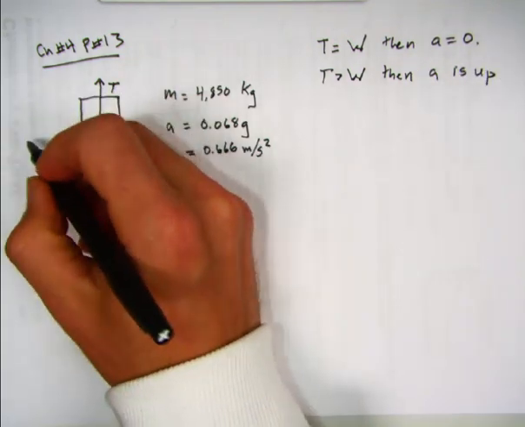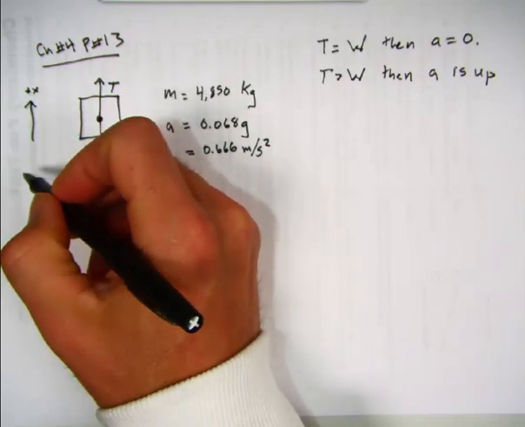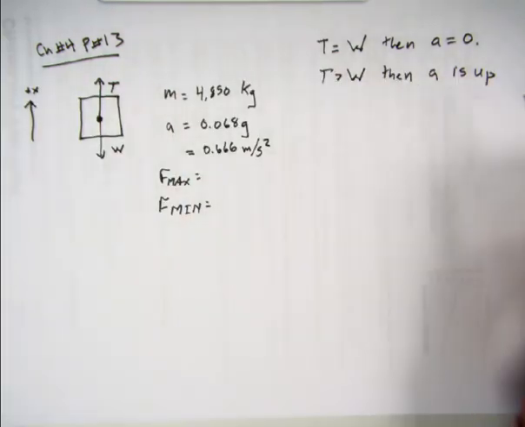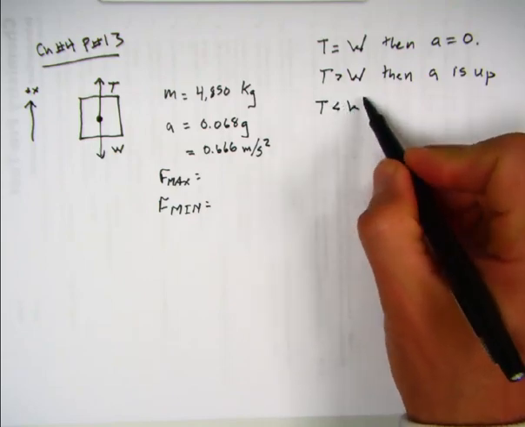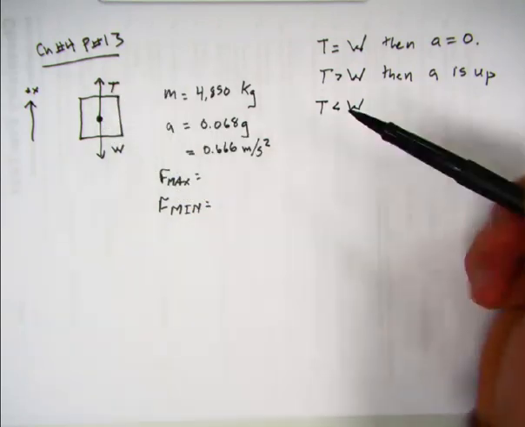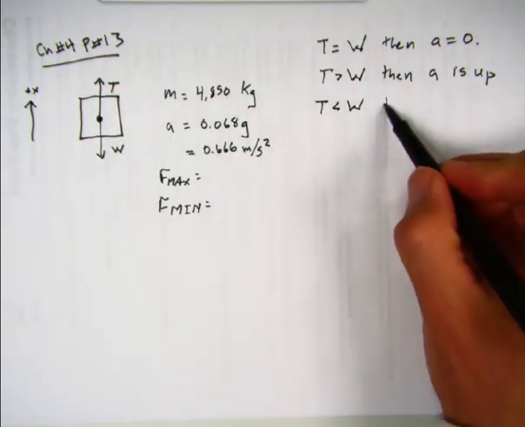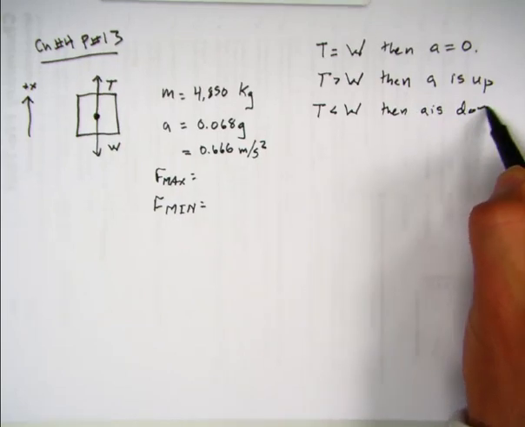I suppose we should have said in the beginning, we're using our standard coordinate system with up being the positive direction. And of course, if the tension force is less than the weight, so the motor exerts less force on this cable through a tension force, then a is down.